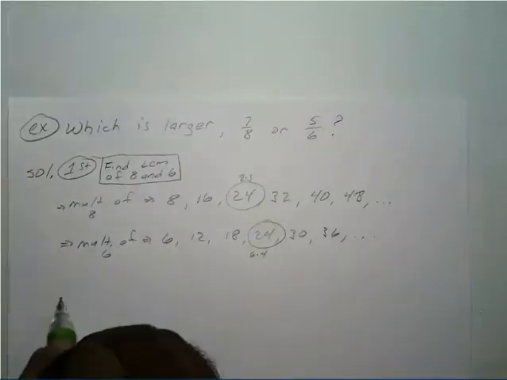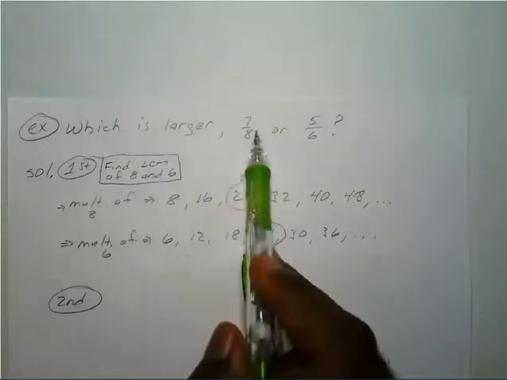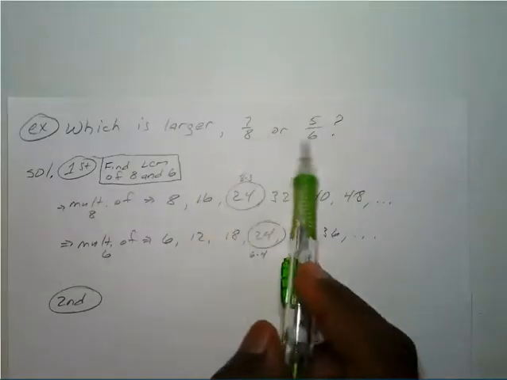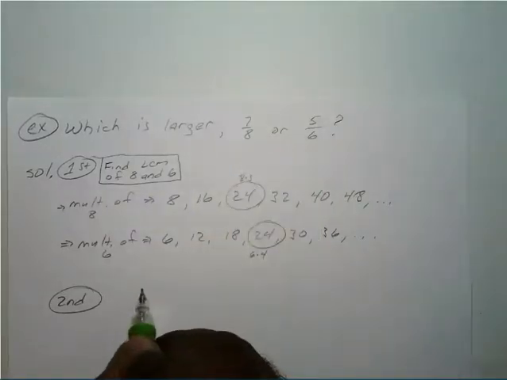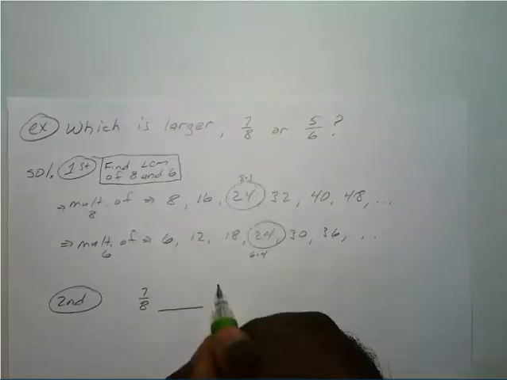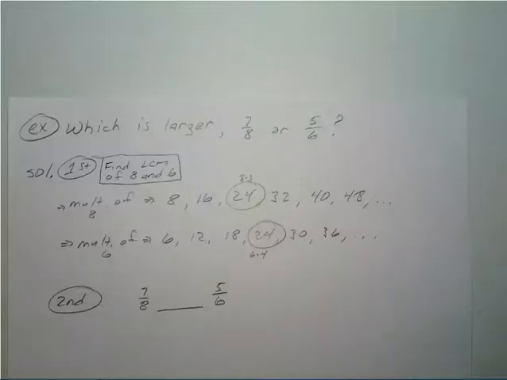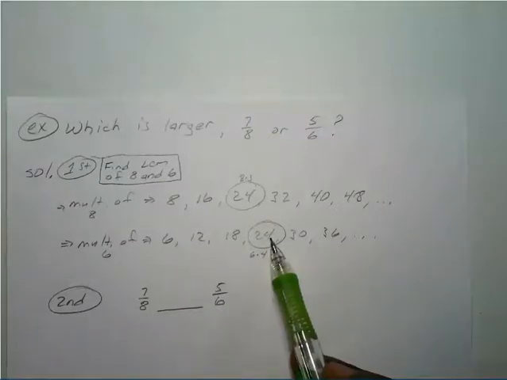All right, so now your second step, you're now going to rewrite both of those, 7 over 8, and put a little space there, and you have 5 over 6. Okay, so what we're going to do is we're going to now get both of these fractions to where your denominator is 24.